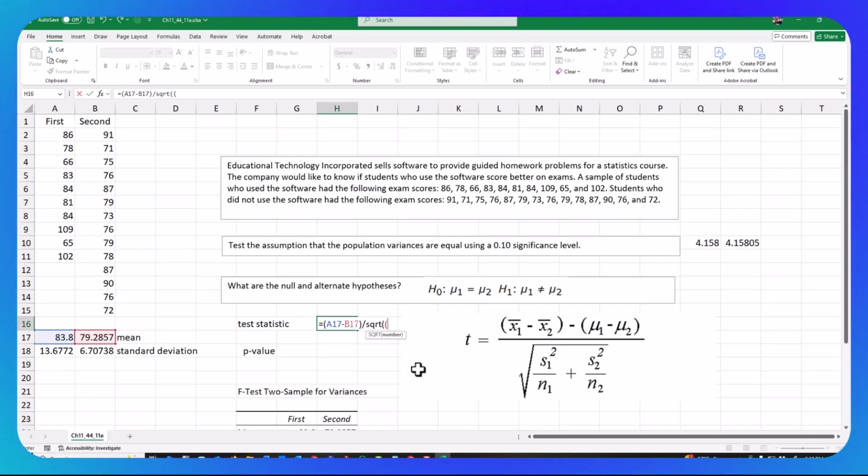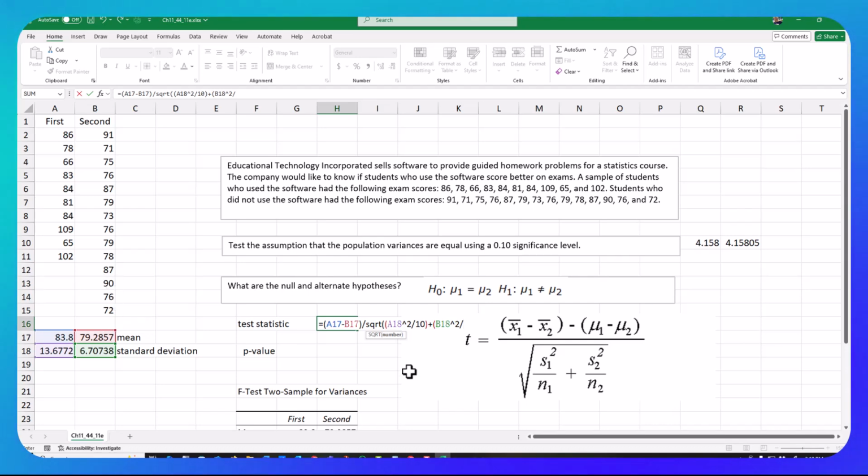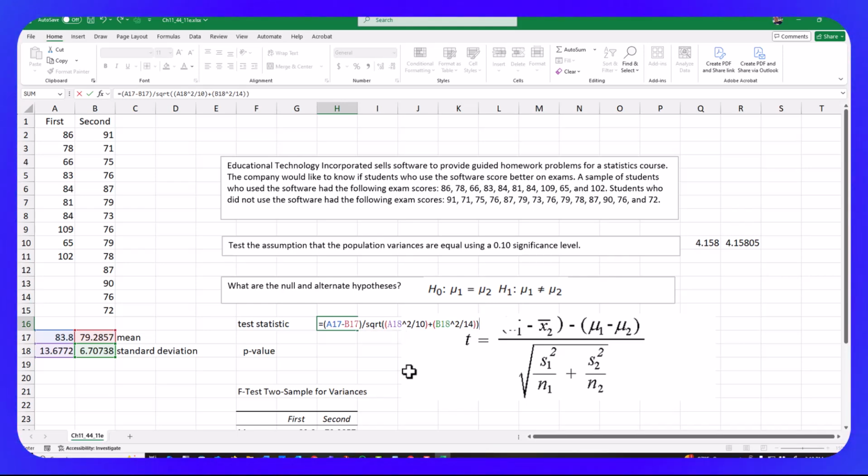So the square root of this standard deviation squared divided by my sample size. Now I didn't put this in a cell, so I'll just have to type 10 because there's 10 values here. Close that fraction, plus now my next standard deviation squared divided by, I believe there's 14 here. And so close that, and now I'm closing the square root.